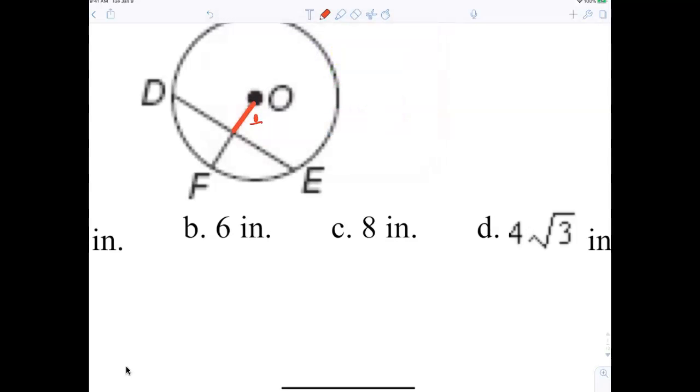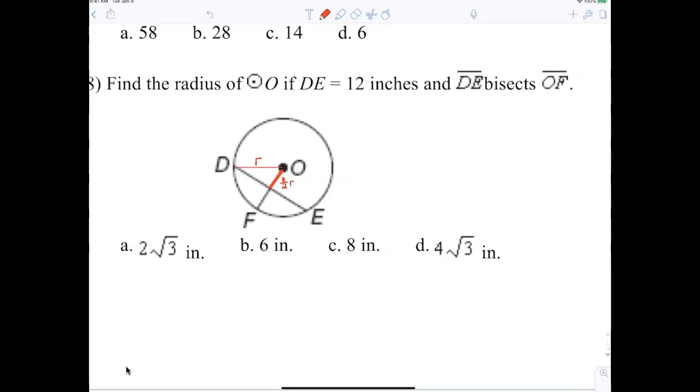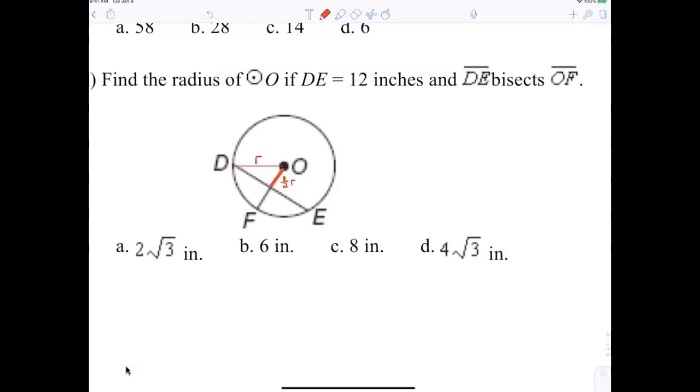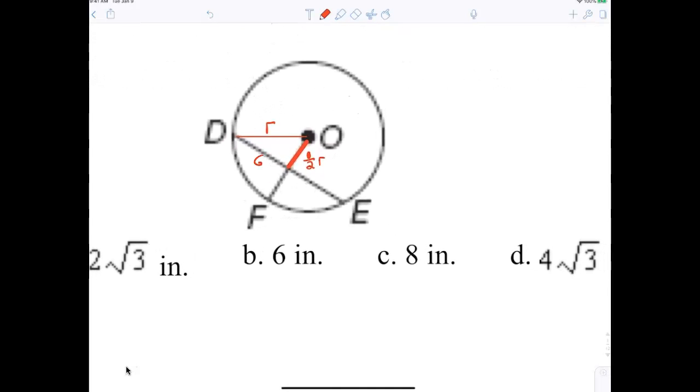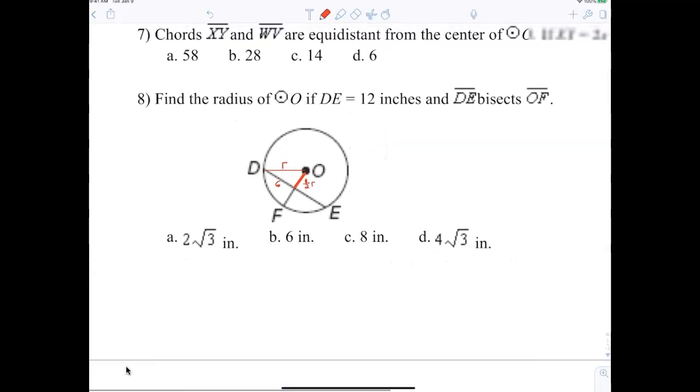And I always tell you that if you're not sure about something, draw from the center of the circle to a point, and that gives you the radius. DE is 12, so this would have to be 6. Is everybody okay with that?